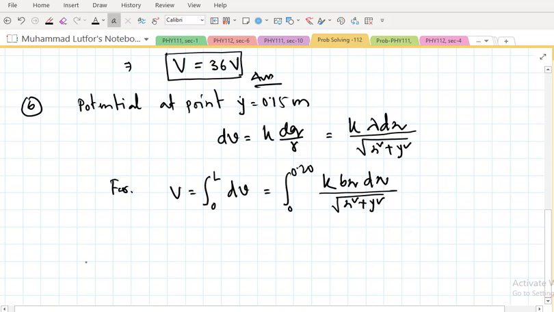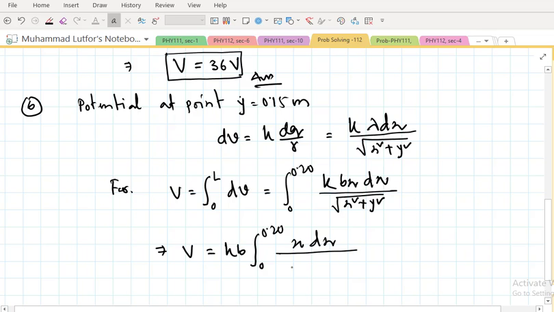Since k and b are constants, we can factor them out. So k and b, and this is 0 to 0.2 of x into dx divided by root of x square plus y square, where y is constant and x is the variable here.